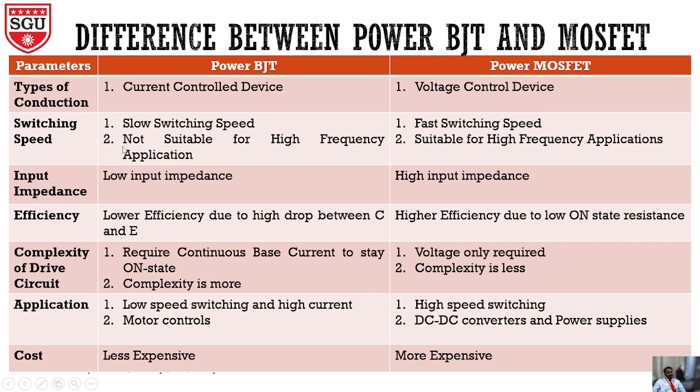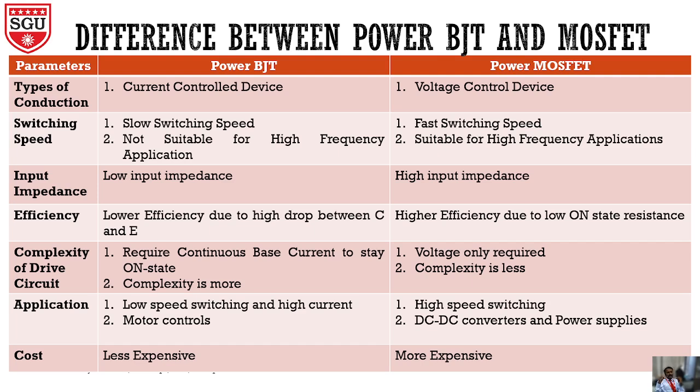Then switching speed. Power BJT has slow switching speed, and power MOSFET has fast switching speed. Why is it slow? After switching off, it needs some time to remove the charges in the base of the power BJT. That's why a time interval is required. More time is required to go from switching on to switching off, so it is not suitable for high frequency applications.